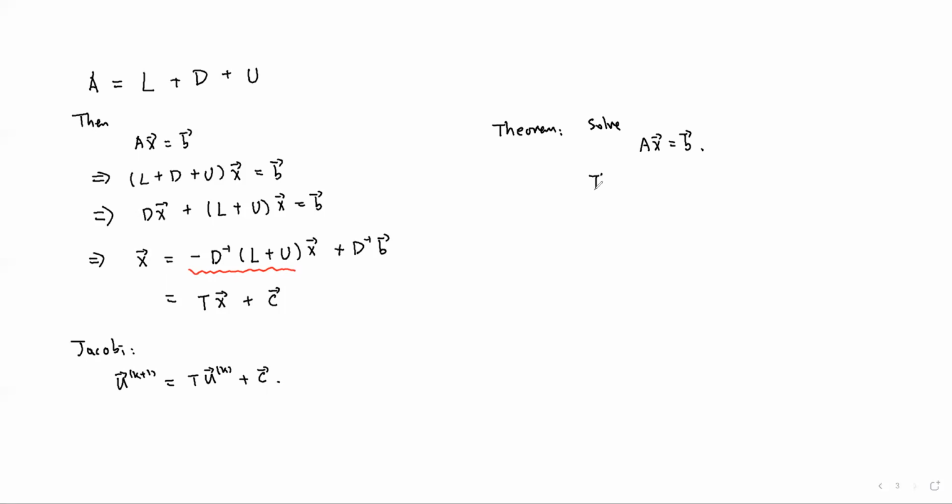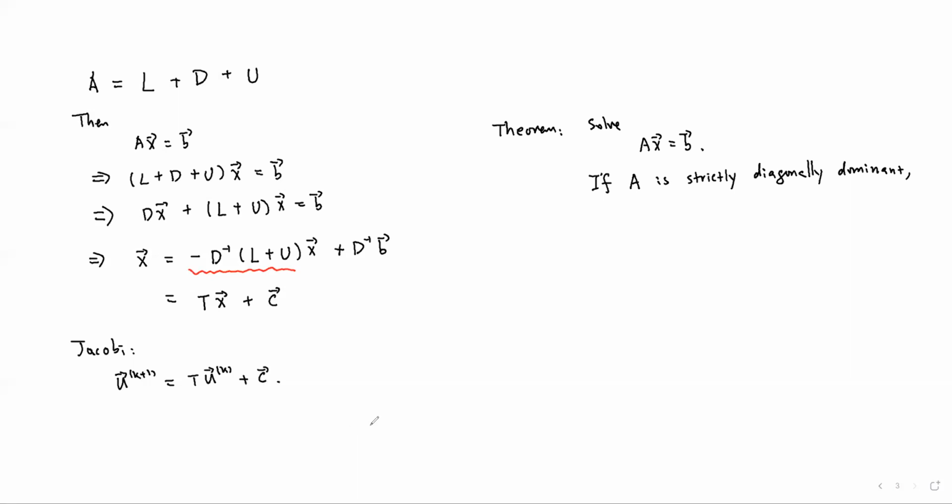If the coefficient matrix is strictly diagonally dominant. What do you mean by diagonally dominant? Here is the definition.